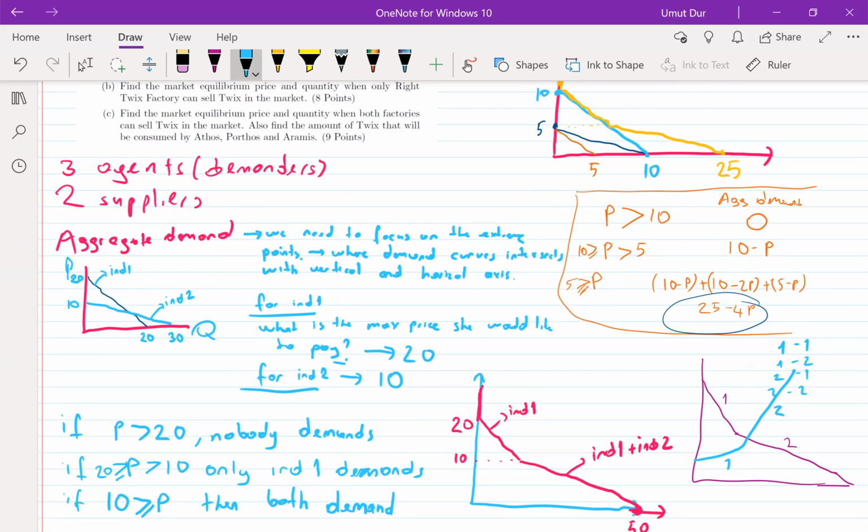All of those parts have different supply and demand equations, so you need to check one by one.